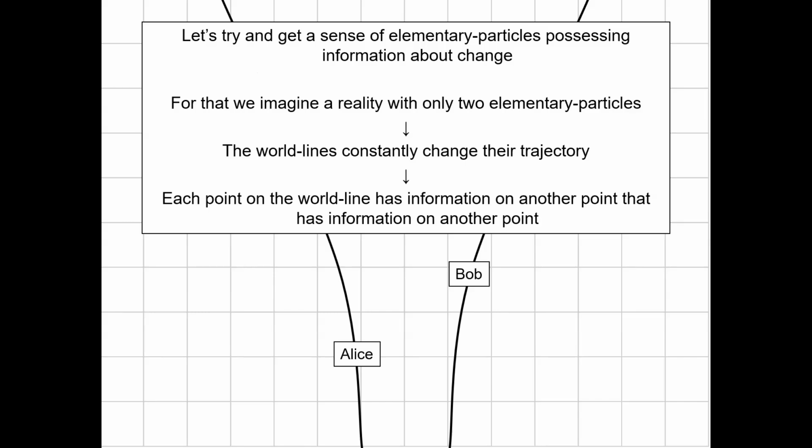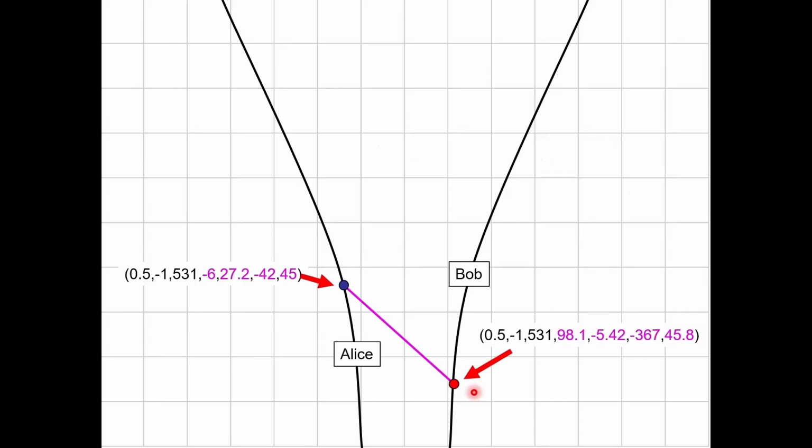So we can say that each point on the world line has information on another point, and that point has information on another point, and that point has information on another point, so they are basically all connected to each other. Let's start by looking at this point on Bob. It has its ordered list of numbers, and it has its charge numbers, which means that it creates a field along this information track over here.